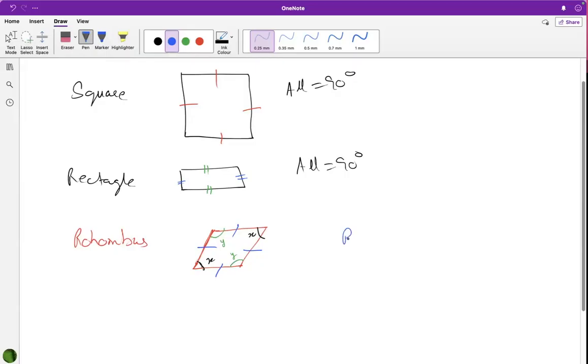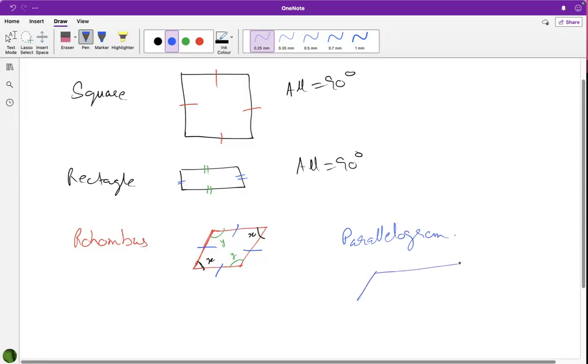This leads to our next question. In case of a parallelogram, we do have two pairs of parallel lines, and opposite lines are equal in length.